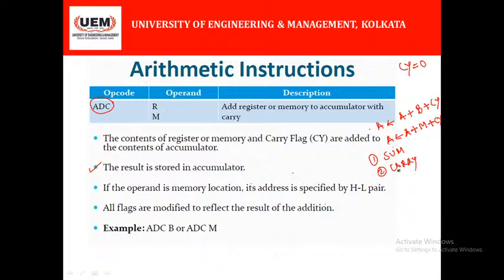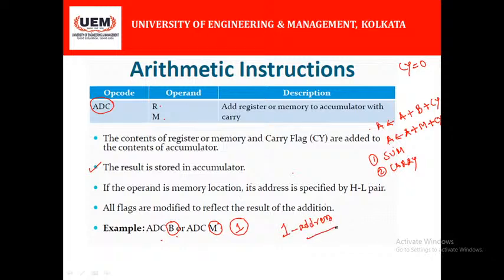In the case of ADC we are observing that either a register is possible or memory is possible, such as ADC B, ADC M. How many operand fields or operand location fields are present? Only one operand field is present, so that is why it is a one address instruction.